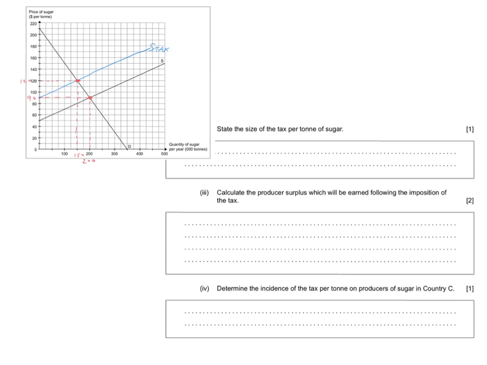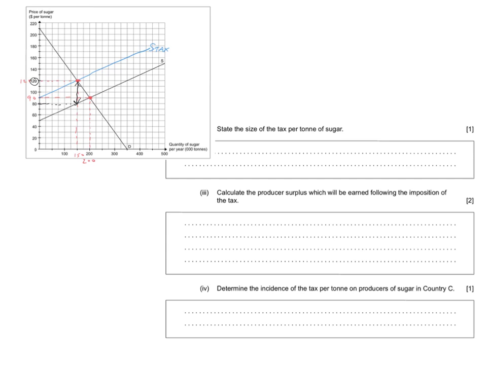Now, we know that the golden rule around finding indirect tax sizes on the graph is to go to the new equilibrium, which is here, and go vertically backwards to the old supply curve, this distance here, because the vertical distance between the supply curves gives us the value of the tax per unit. If we read off that, we can see that its value is 80.